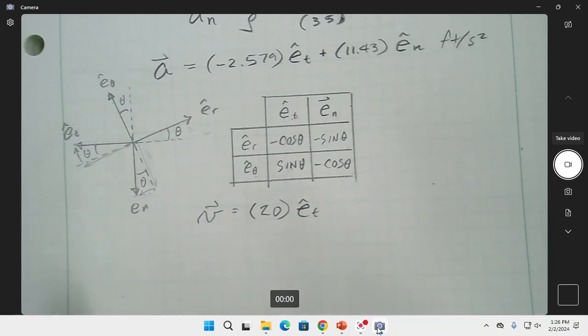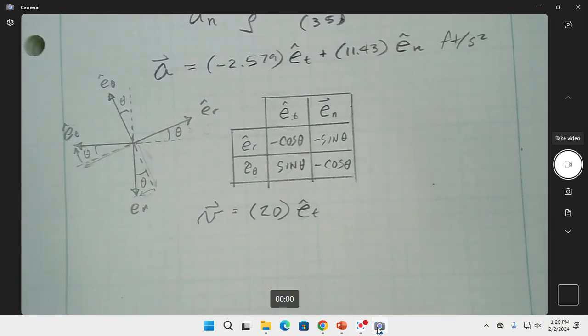It's obvious. You know why? Velocity is always tangent to the path. It's almost like the velocity actually defines where the tangential coordinates are, right? So this is just speed times the natural unit vector that you would have. That unit vector gets defined by the velocity.